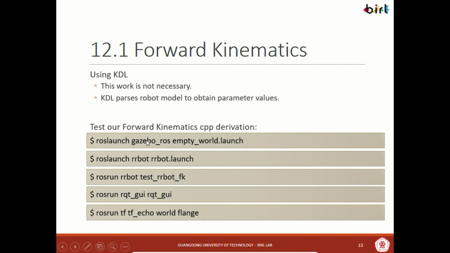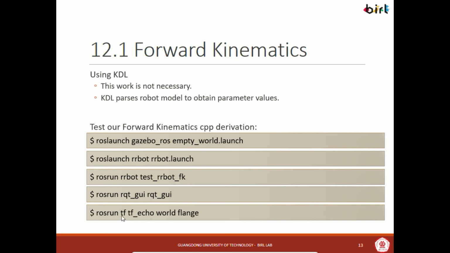We're going to start Gazebo, then the RBot, and then we're going to run the test RBot forward kinematics. We're going to use RQT GUI to move the robot arm to some position, and after we move the arm, this node, test RBot forward kinematics, is going to give us the transformation from the base to the flange.